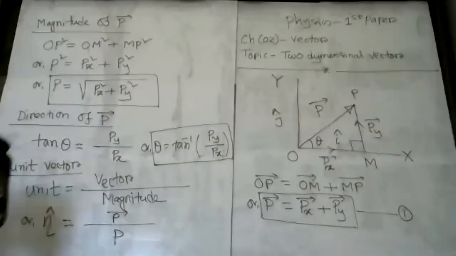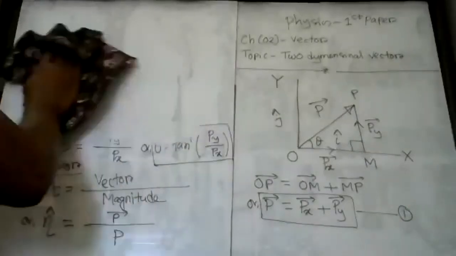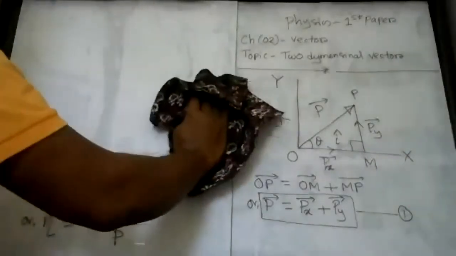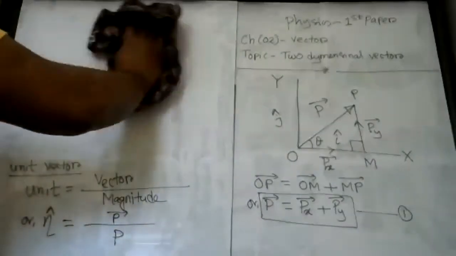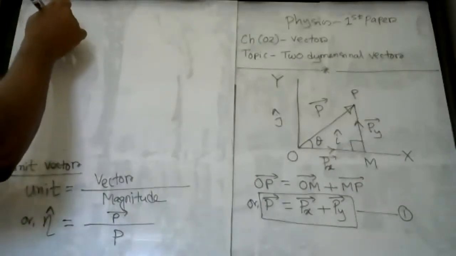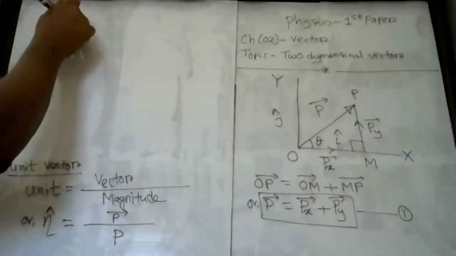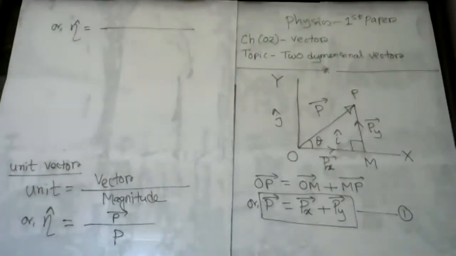Now, my dear student, eta hat. What was vector P?